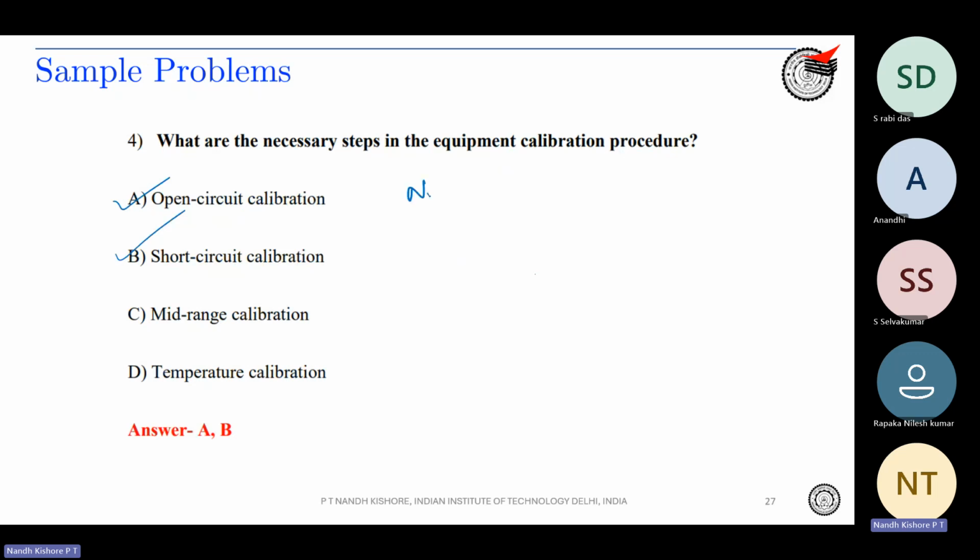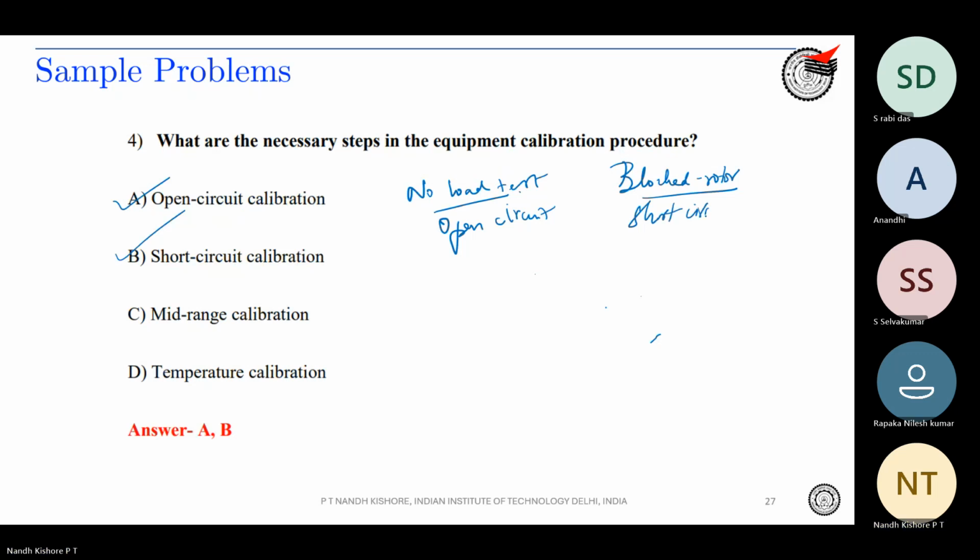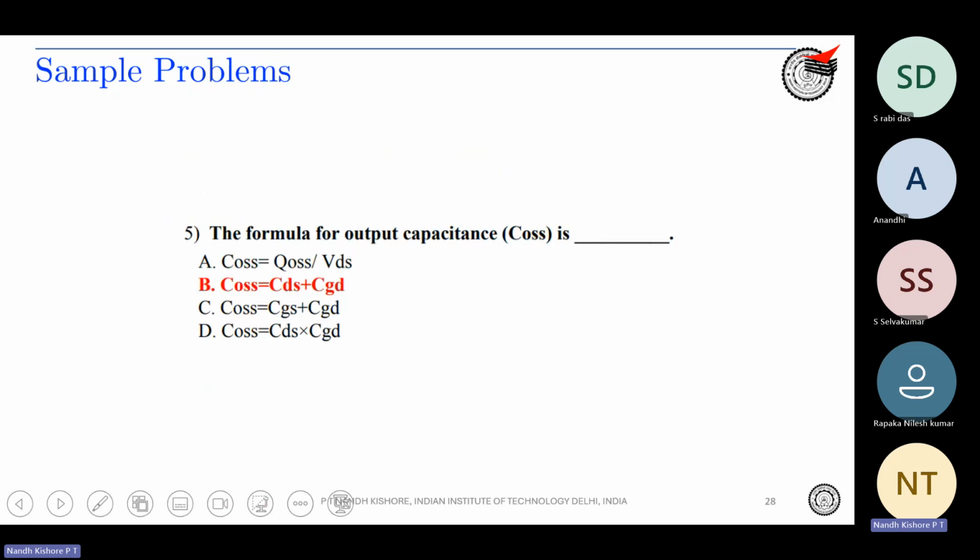So the no load test is somewhat similar to your open circuit test, and the block rotor test is similar to your short circuit test. Okay, again, this is something that's common.